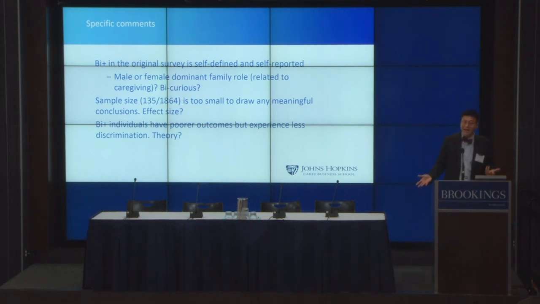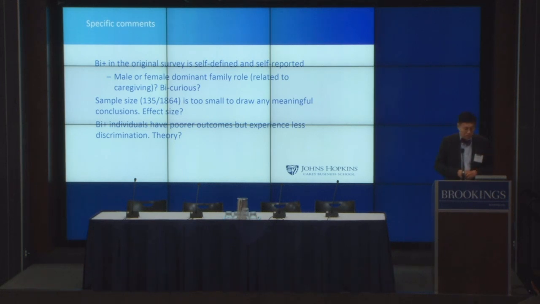So, as has been mentioned by Shabab, the bi plus definition is self-defined, right? It's based on a survey, and the respondents say, I'm bi, I'm not bi, I'm bi-male, I'm bi-female. That's important, but what would be important is for the survey to be followed up, and if it is possible to identify these individuals, to see if that definition remains stable over a life course, and whether the household situation changes or not.